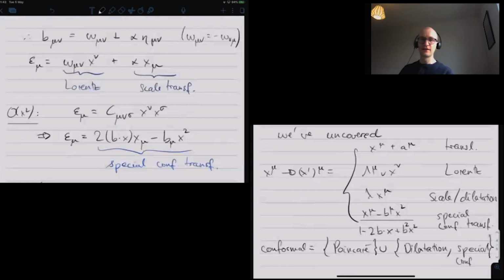And finally, the way that we've constructed them, as I've emphasized a lot, is that these are not the isometries of Minkowski space, but they are the conformal isometries of Minkowski space. So they don't all act as isometries.